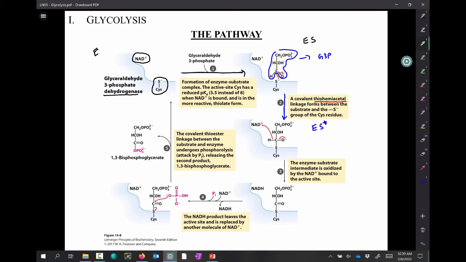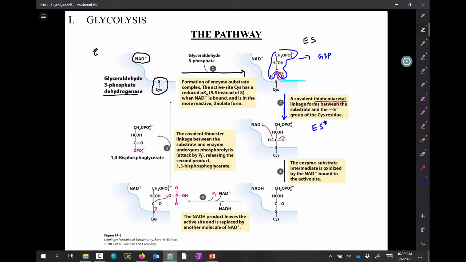And that happens through a nucleophilic attack by this sulfur in this cysteine on this carbon in our substrate, and that's demonstrated by this arrow. The arrow that I just highlighted in pink represents our nucleophilic attack by the sulfhydryl group on that carbon.